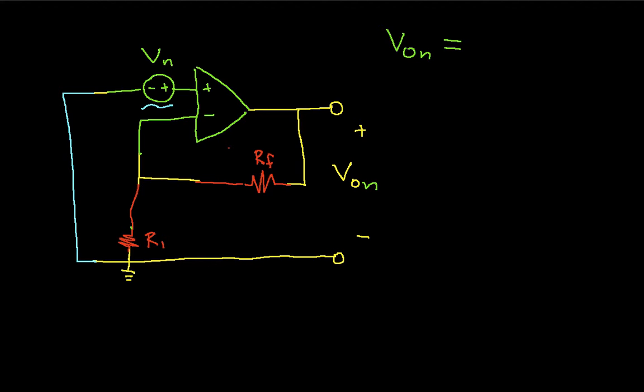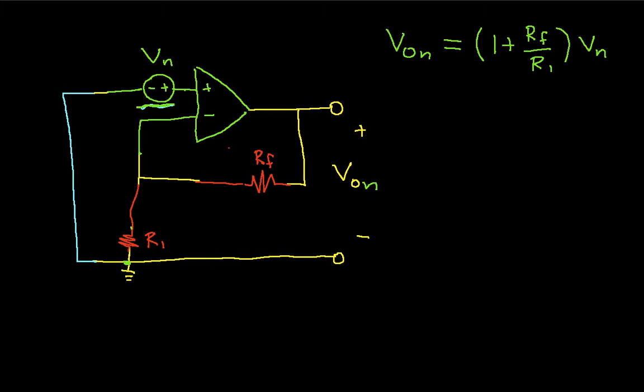Noticing that Vn, this guy here, is essentially providing a voltage between the non-inverting input and ground, we see immediately that this is just an input to a non-inverting op-amp configuration, so the gain is going to be 1 plus Rf over R1 times Vn. So what we see is that the output voltage due to the noise of the op-amp just has the non-inverting gain applied to it. So that was easy enough.